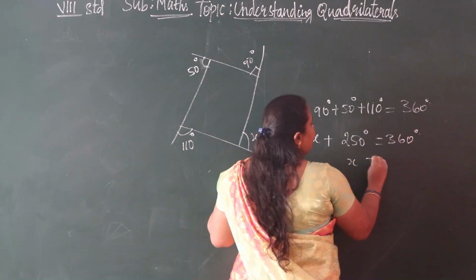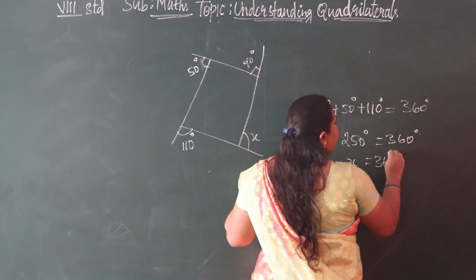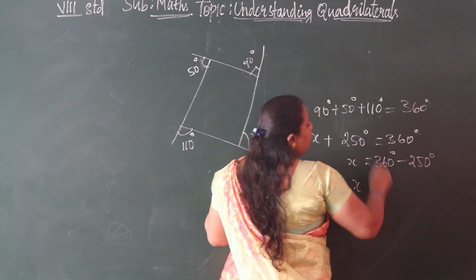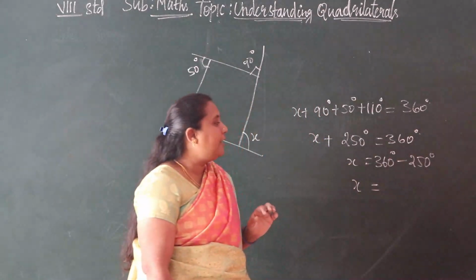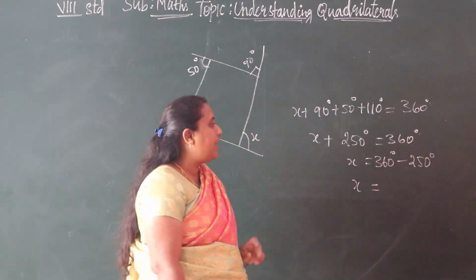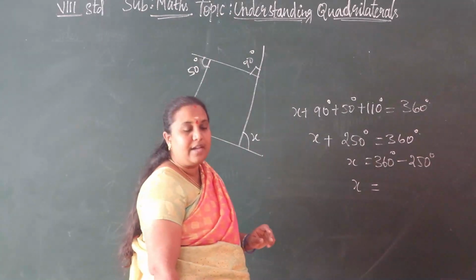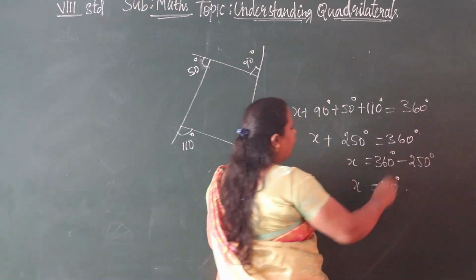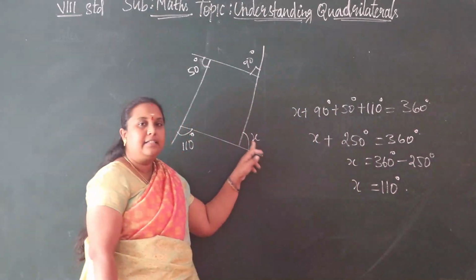So x equals 360 degrees minus 250 degrees, which is 110 degrees. So we have the angle x equals 110 degrees.